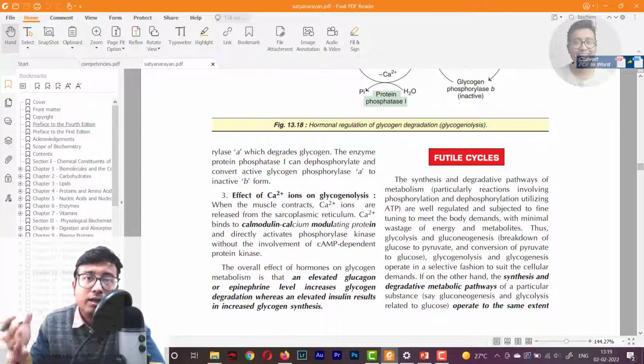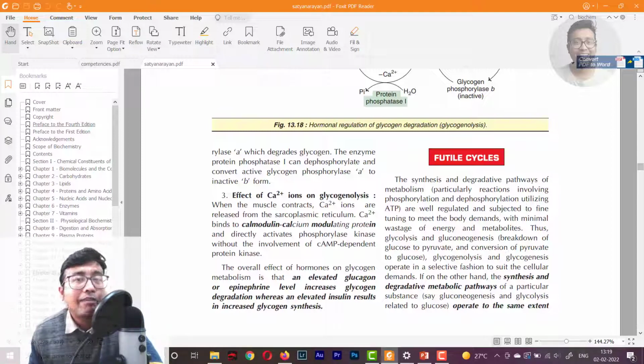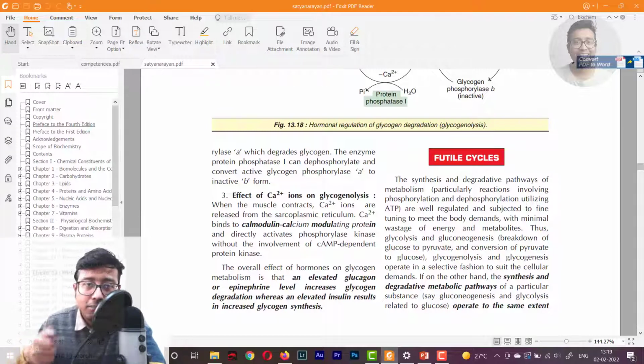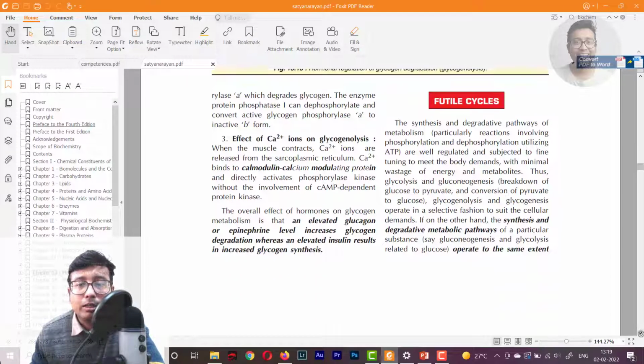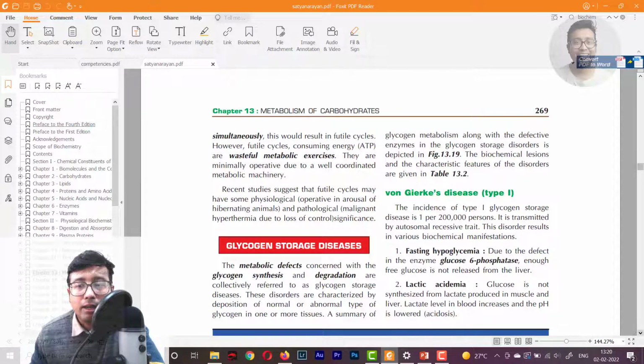Because something is produced, again it is broken down. So futile cycles are those cycles which, if they operate to the same extent, then there will be no work. So it's hormonally controlled in such a way that only one part is active, either the catabolism part or the anabolism part. If we combine them both, then it becomes useless and it is known as a futile cycle.